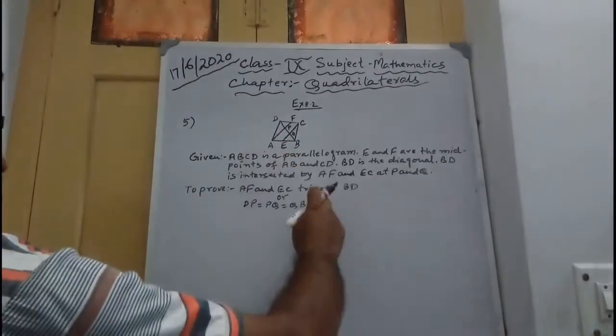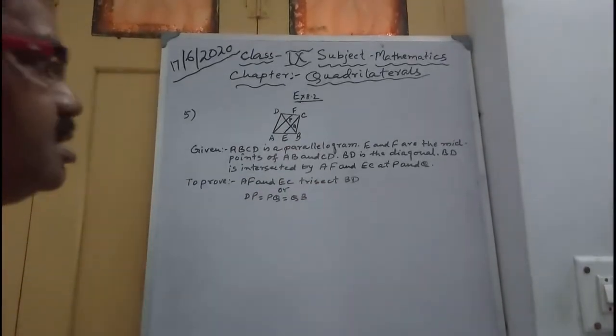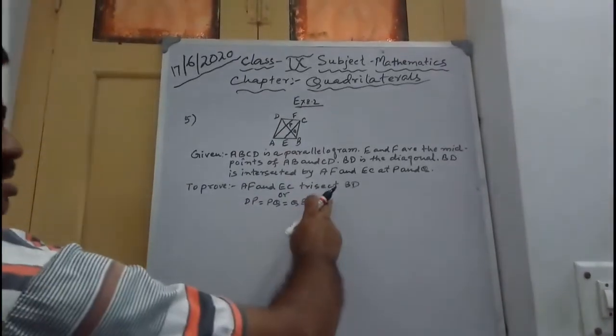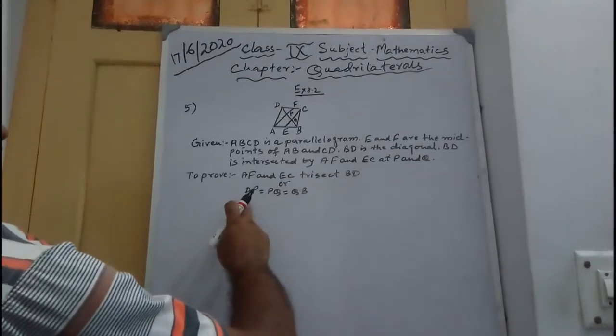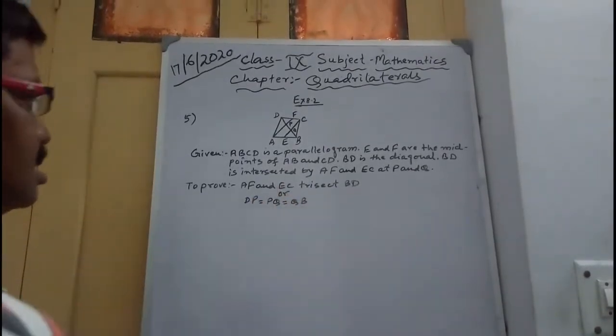That means trisect means divide into three equal parts. These three equal parts are DP, PQ and QB.